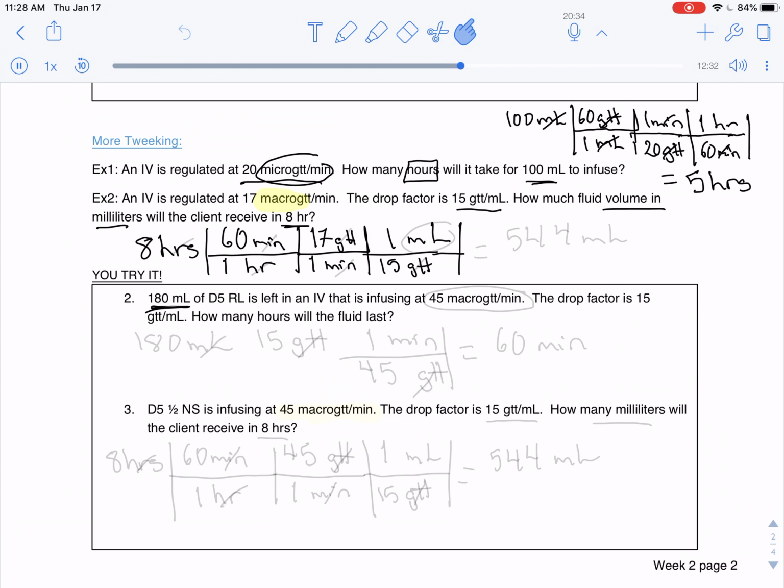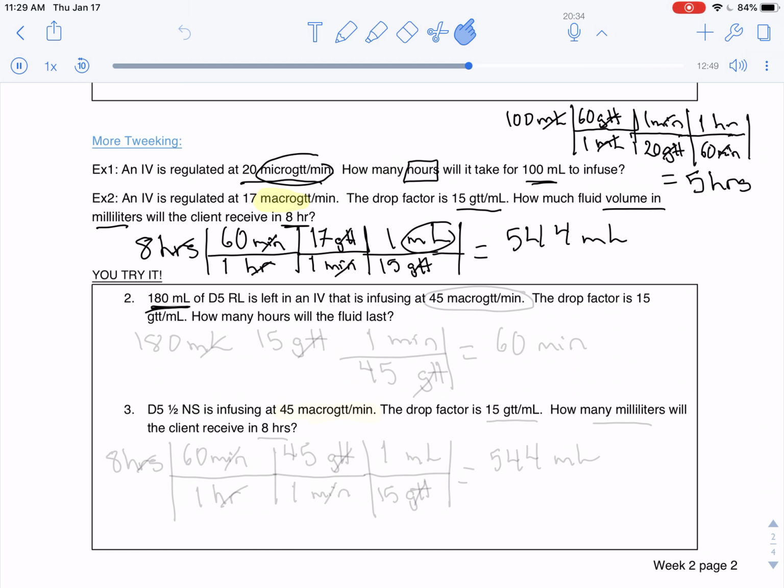So that means hours cancel out, minutes cancel out, and the drops cancel out, giving us a final answer in milliliters. So once we plug in all our numbers, we would get a total of 544 milliliters.